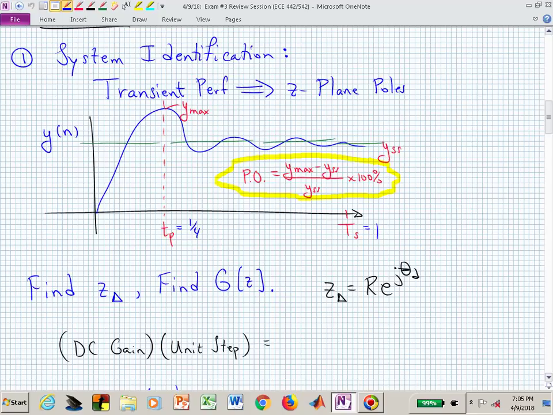If I was now using this plot to determine the transfer function, and let's say that green line actually ended up being 3, and I said this is a result of applying a unit step to the system, what's the DC gain of this particular G of Z?